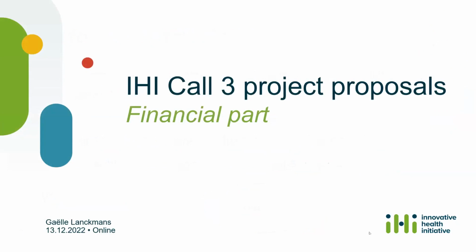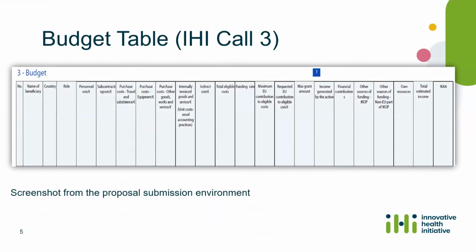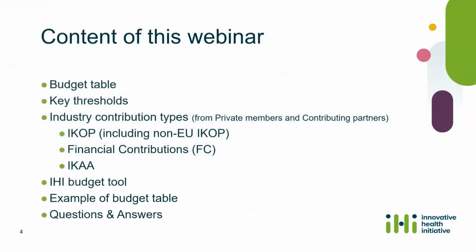So today during this webinar, I will go through the different elements of the budget table. I will explain also the key thresholds that you need to pay attention to. I'll explain the different types of industry contributions, so the contributions coming from private members and contributing partners, namely ICOP, financial contributions, and IKAA.